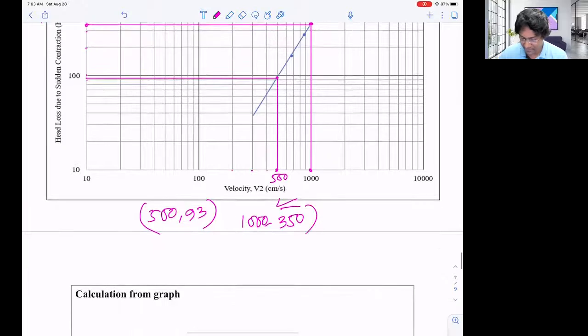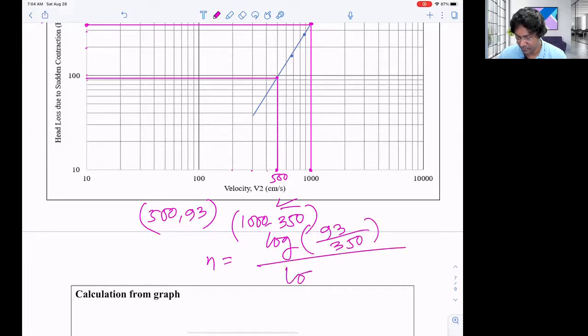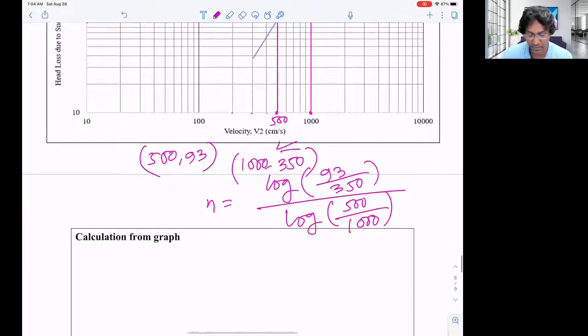So we have 2 points. We can calculate the value of n this time. So log 93 divided by 350 and log 500 divided by 1000. So let's see what we are gonna get.